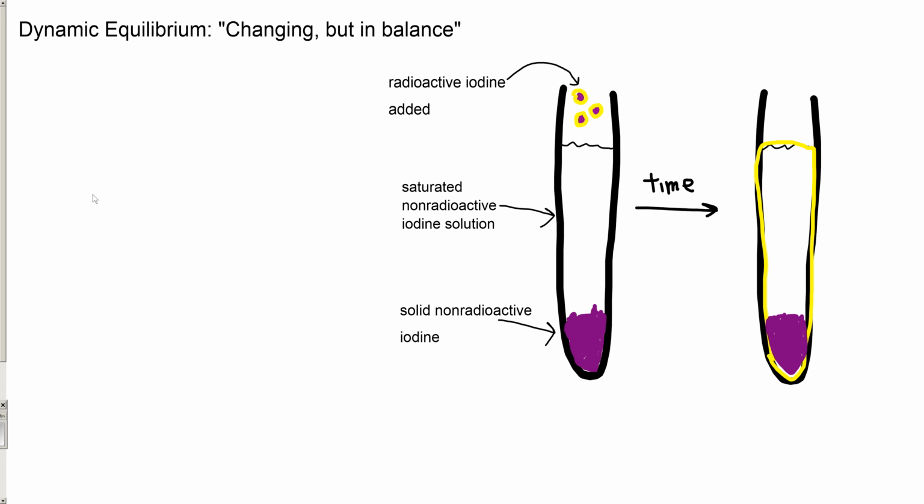But some of the solute is going to dissolve into the solution, and at the same time, some of the sugar molecules that are in the solution will crystallize. This is what a dynamic equilibrium is.